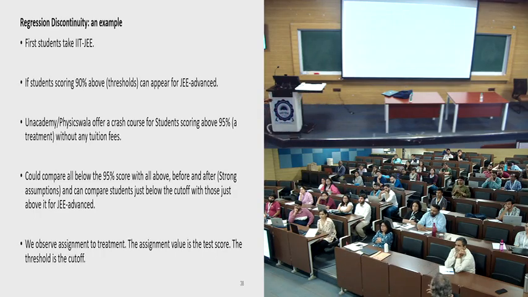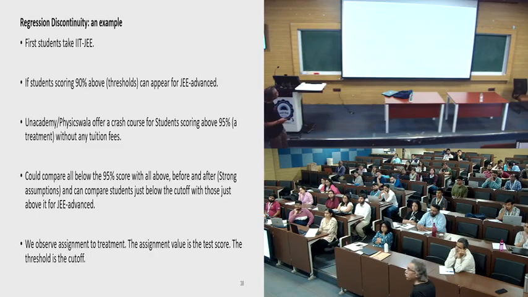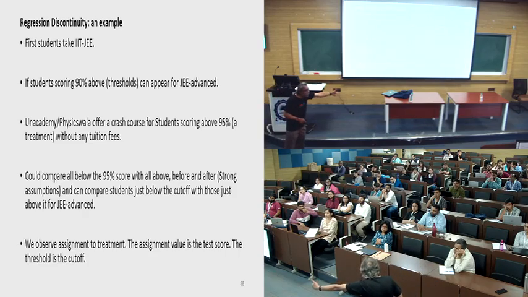Now Unacademy, she claims, is a very big one, and Physics Wallah is another big one, which are basically coaching centers. These offer a crash course for students scoring 95%, a treatment without any tuition fee. Note, people who got 90% have qualified, but can also take Physics Wallah. But people who got 95% and above, my threshold, would get Physics Wallah without the tuition fee.